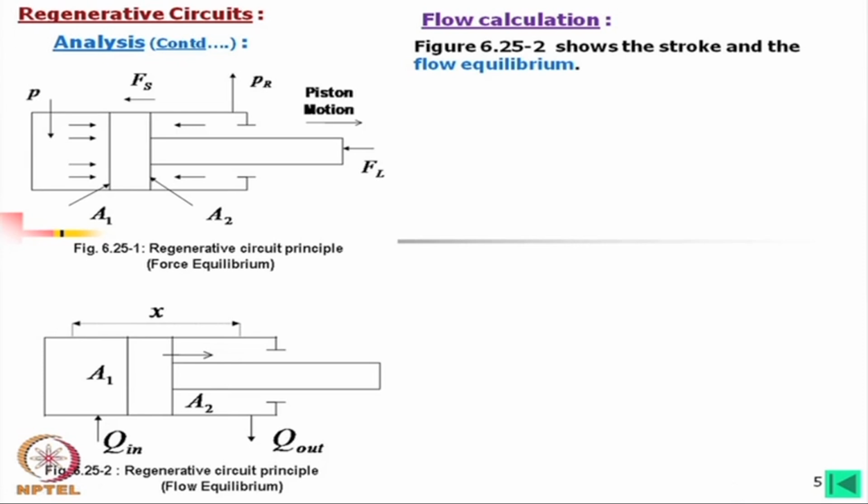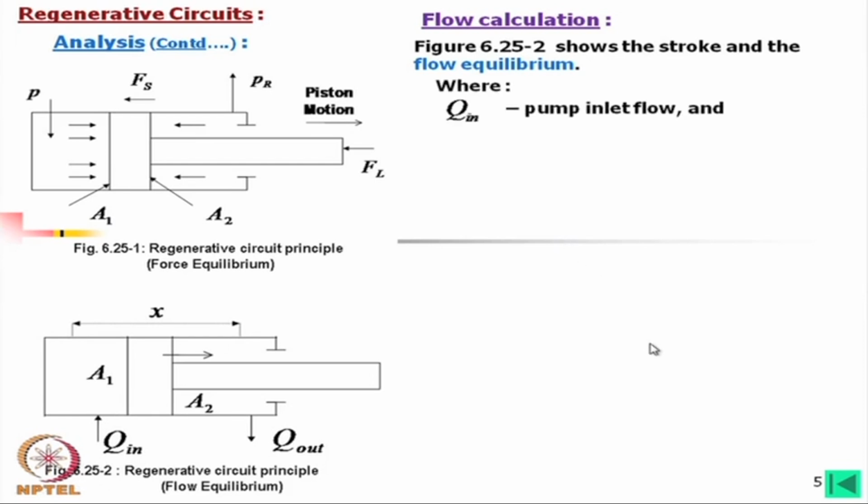Now, let us calculate the flow. This figure 6.25(2) shows the stroke and the flow equilibrium. So the stroke length is this much. For that, we will estimate what is the flow here and what is the flow here, and that we say is the equilibrium in flow.